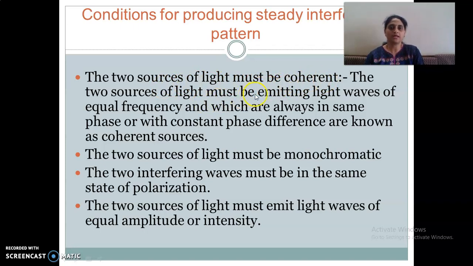The two sources must emit light waves of equal frequency which are always in the same phase or with a constant phase difference, known as coherent sources. The two sources of light must be monochromatic, meaning having single wavelength. The two interfering waves must be in the same state of polarization. The two sources of light must emit light waves of equal amplitude or intensity.